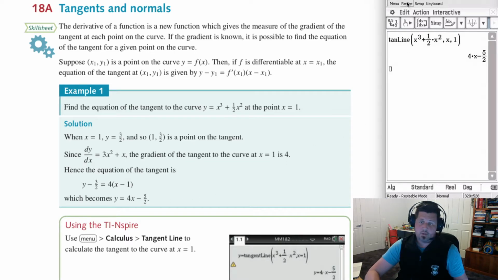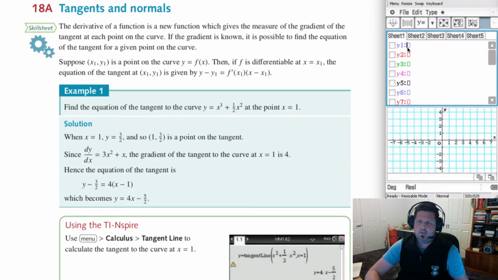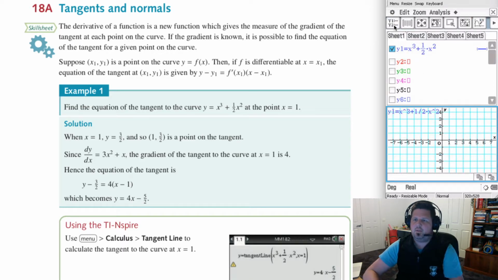The other way in which you can do it is using the graphics section, or the graphing section. Here you could type in the equation, so it's x to the power of 3 plus a half x to the power of 2. So you could sketch that. It looks something like that.